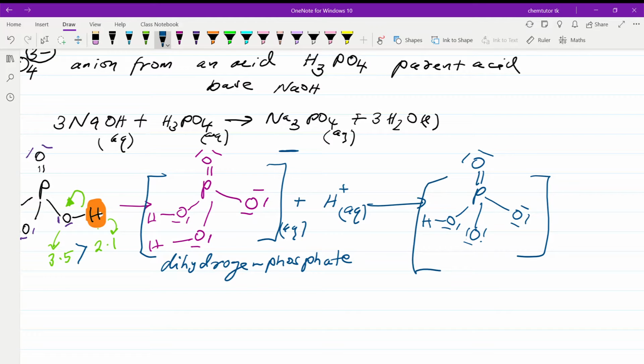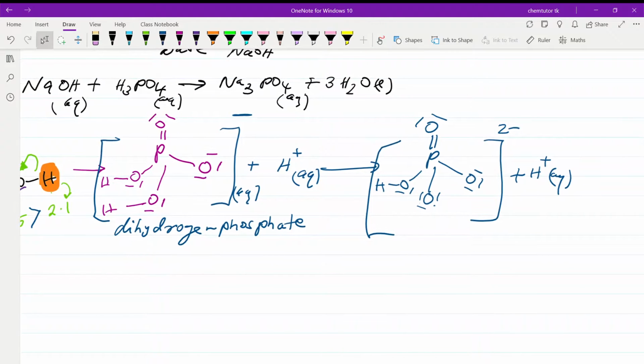So it released another hydrogen as well, the second hydrogen. So now it has one more hydrogen, right? Here it has two hydrogens, so we say di. Here it has only one hydrogen, so we have to say mono. So this is monohydrogen phosphate.